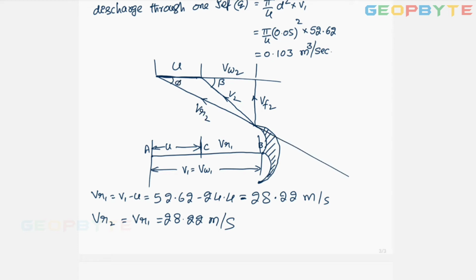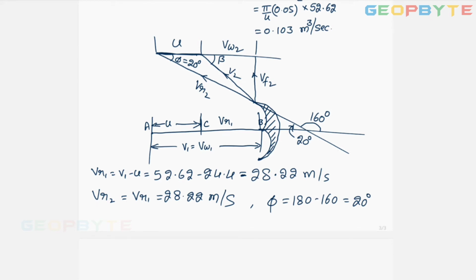You know the jet is deflecting at an angle 160 degrees. Then what about this angle? This angle equal 20 degrees. Since opposite angles are equal, phi also equal to 20 degrees. So indirectly blade exit angle phi equal to 180 minus water deflection angle, which is equal to 20 degrees.